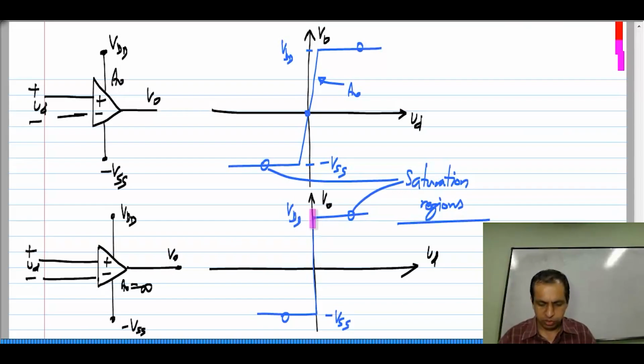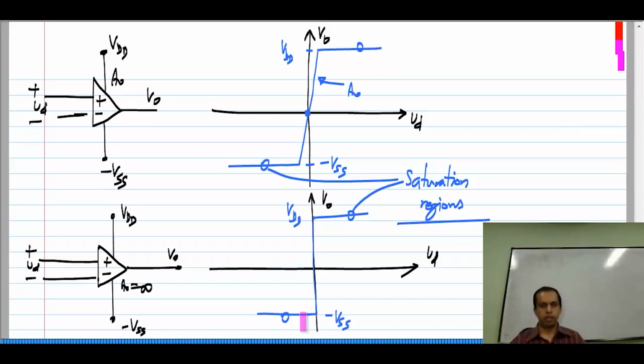The output voltage must not reach either of the limits. Similarly, the input voltages V1 and V2 individually must not reach the limits. Okay. So, these are some limits on the input and output voltages of the op amp, so that it behaves in the way we expect it to, that is, as a very high gain voltage controlled voltage source.